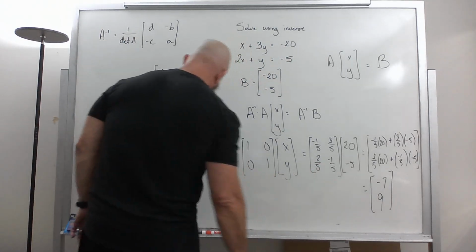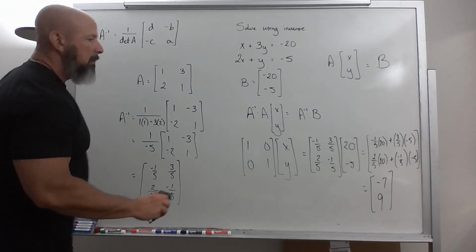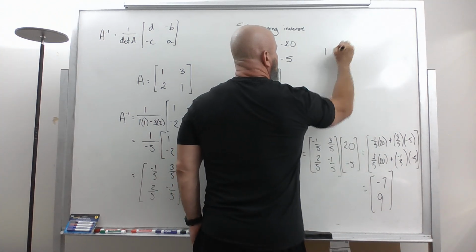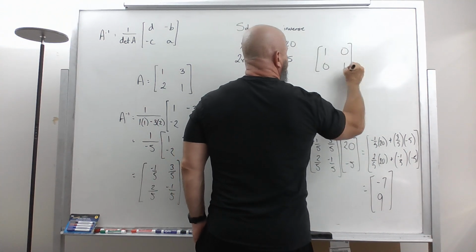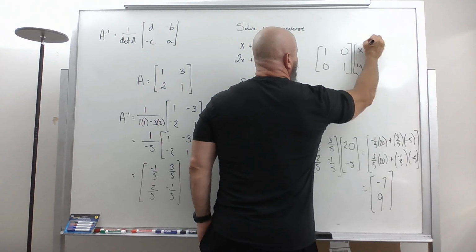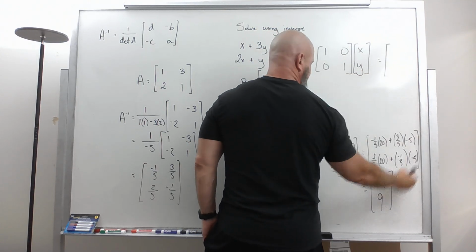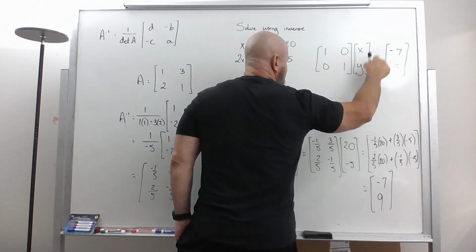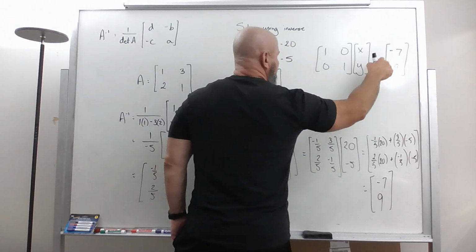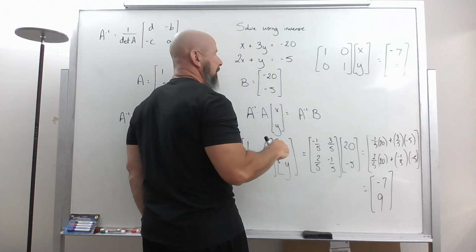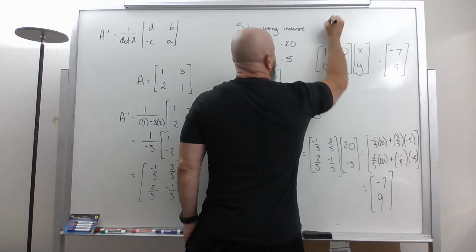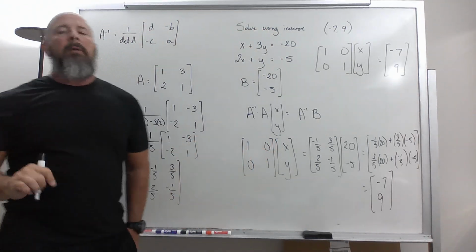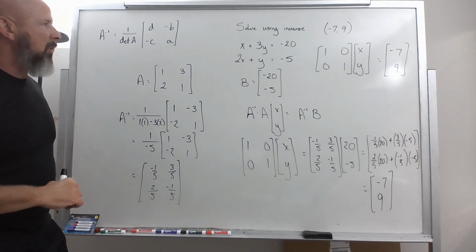If I rewrite all this together with just the numbers, we'll just move this up. So there's that identity. X, y equals, and my result I got when I multiplied over here, negative 7, 9. So that's telling me 1x equals negative 7, 1y equals 9. So x equals negative 7, y equals 9, or if I put it in an ordered pair format, negative 7, comma 9, or you could certainly write x equals negative 7, y equals 9.